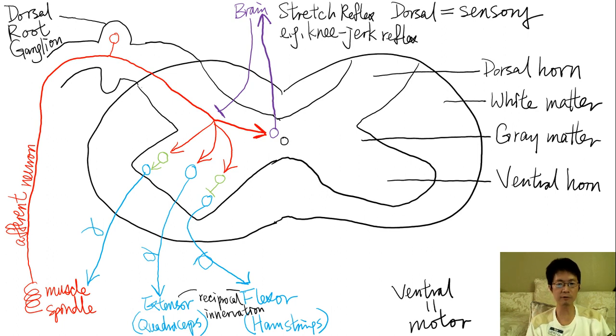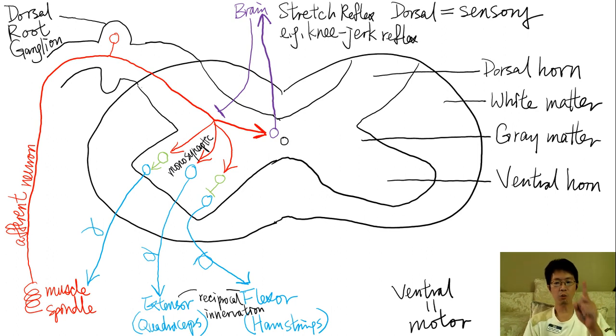What about the other three? First of all, it will go to your extensor muscle. Why do I talk about the extensor muscle first? Because the extensor muscle has no interneuron here. When there's no interneuron, we call this monosynaptic, meaning that it has only one synapse.